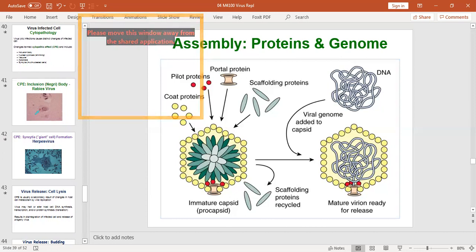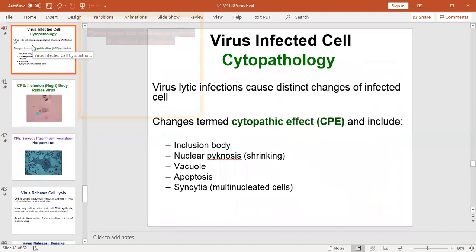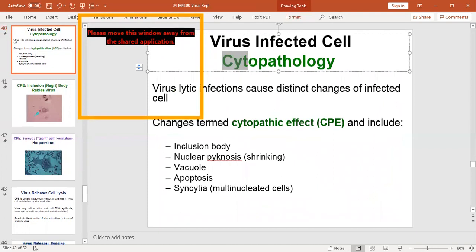So let's see what will happen when a virus actually infects a cell. Virus infects a cell and causes something called cytopathology. Cyto, cell, pathology, disease causing or damages.